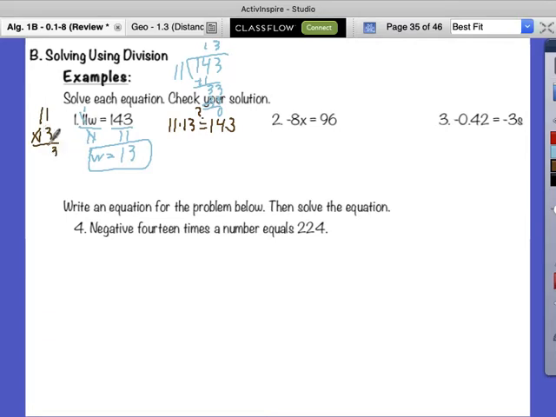Okay. Add a 0 for our placeholder. What's 1 times 1? Add them together. 3 plus 0 is 3. 3 plus 1 is 4, and 1 is 1. 143. So does 143 equal 143? Yep. And it checks out nice and easy there, okay?